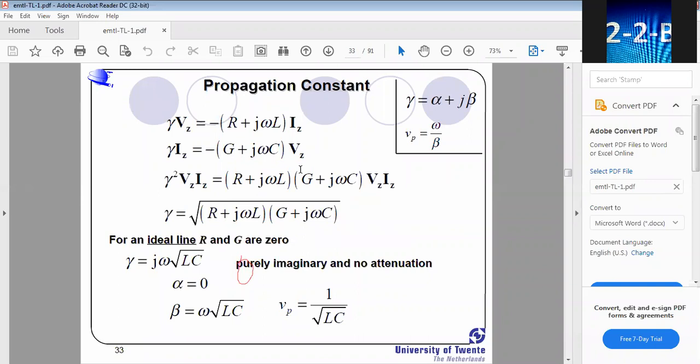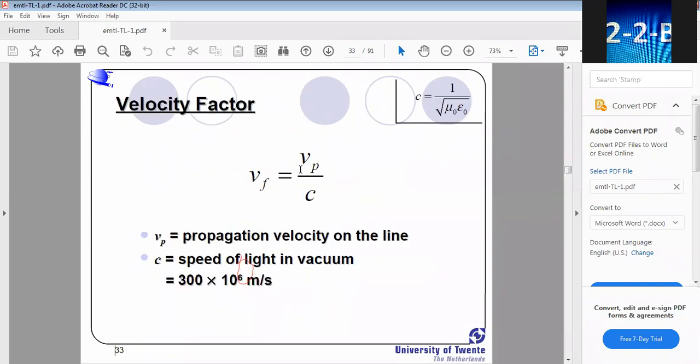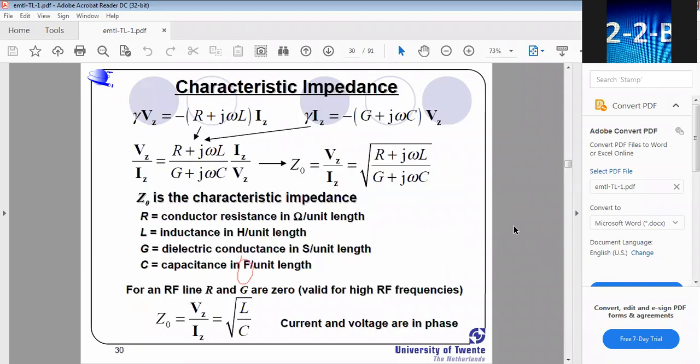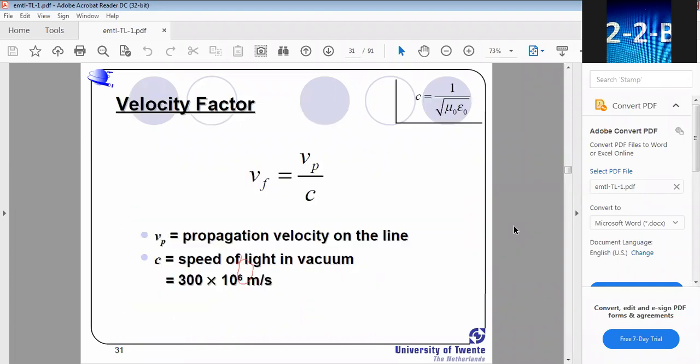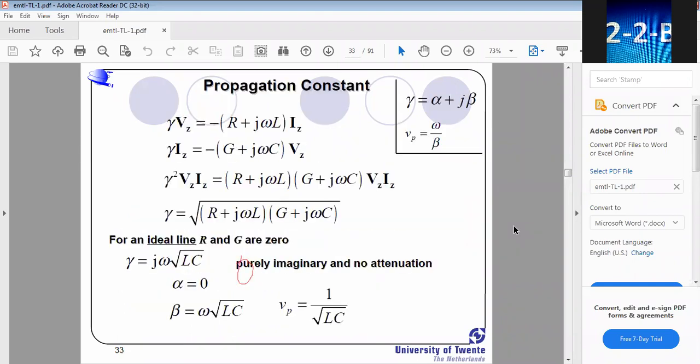Remember that point. What we have learned so far is what is meant by velocity factor and what is meant by characteristic impedance, of an RF line, or simply a lossless line. The next parameter is the propagation constant, represented with gamma.